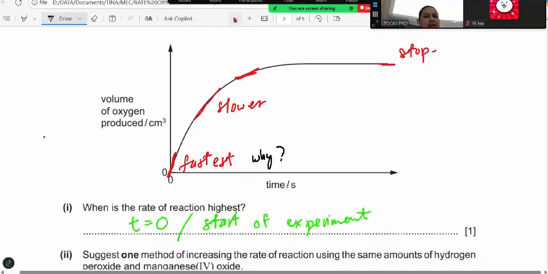Why? The five factors, which one changes in one reaction? Temperature, pressure, concentration, particle size, and catalyst. In one reaction, which one changes? Something must change in order for the rate of reaction to become slower.